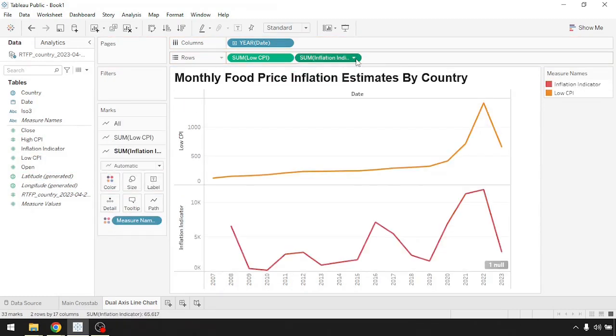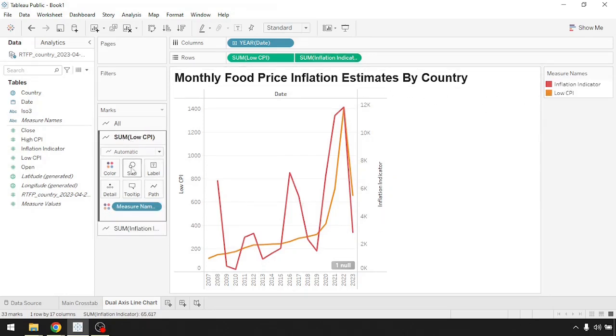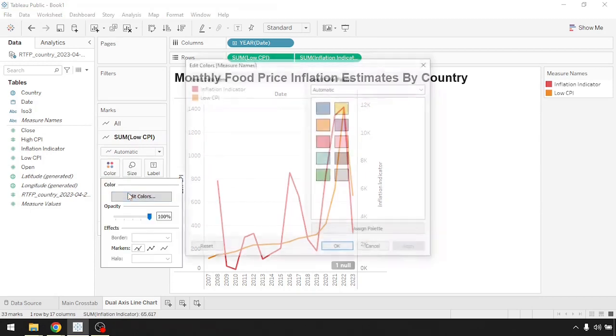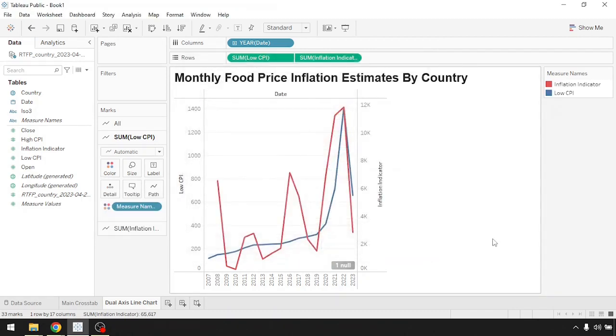Again, you'll have to bring them onto a dual axis. And as you can see, I'll have to change the color for the low CPI. There you go.